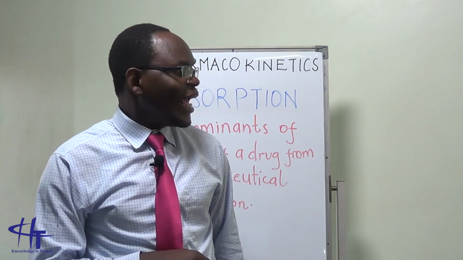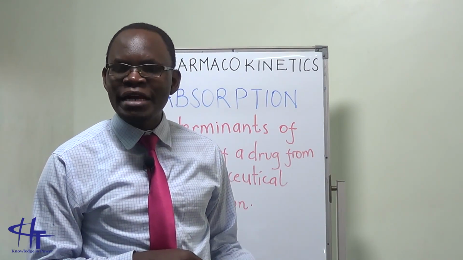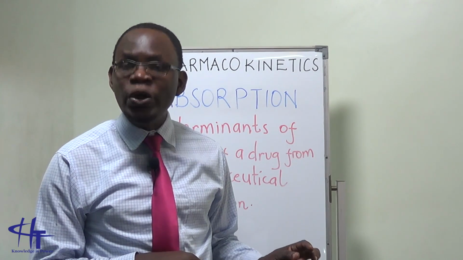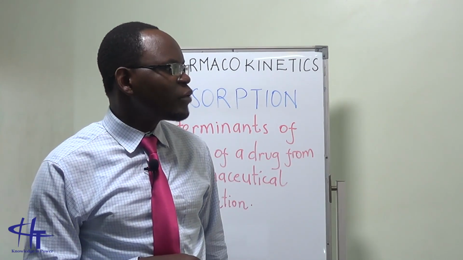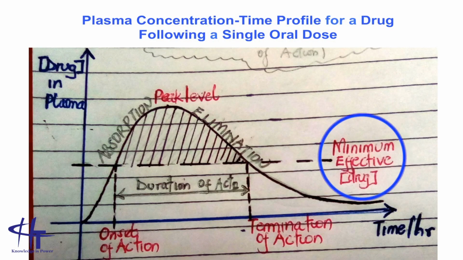No. A certain minimum amount will be absorbed, and then it will start working. That is what we refer to as the minimum effective drug concentration. In other words, at that point, even if the entire drug has not been absorbed, it will start working.